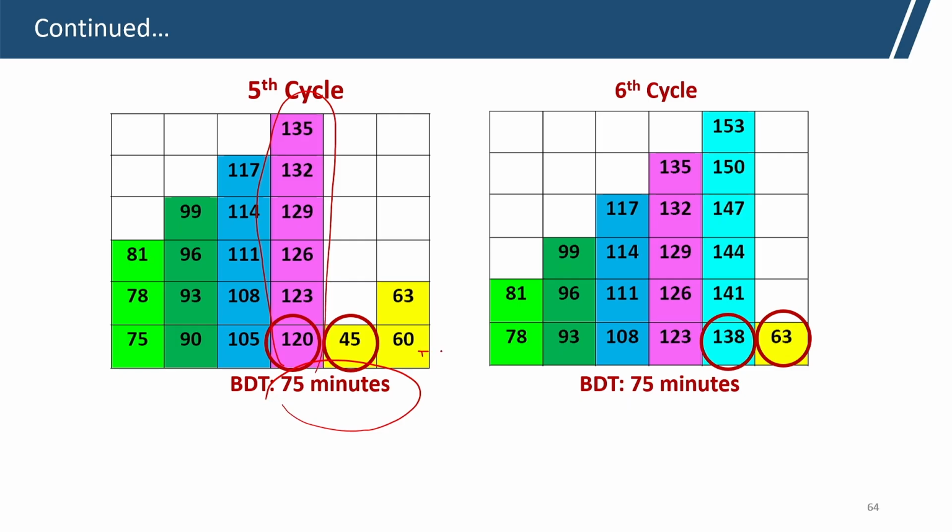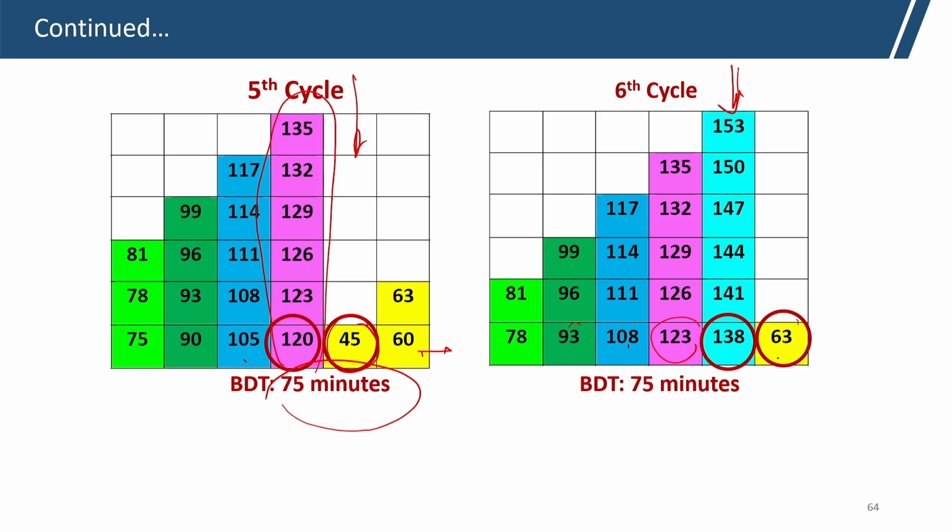Now, once we remove these things, this chamber will be empty, then it will be filled by this chamber. Now, here we can see this will be removed, 78 will come bottom, 93 will come at the bottom, 108 will come here, 123 come here, and this chamber is filled by the new feeding, and then 63 is coming here.